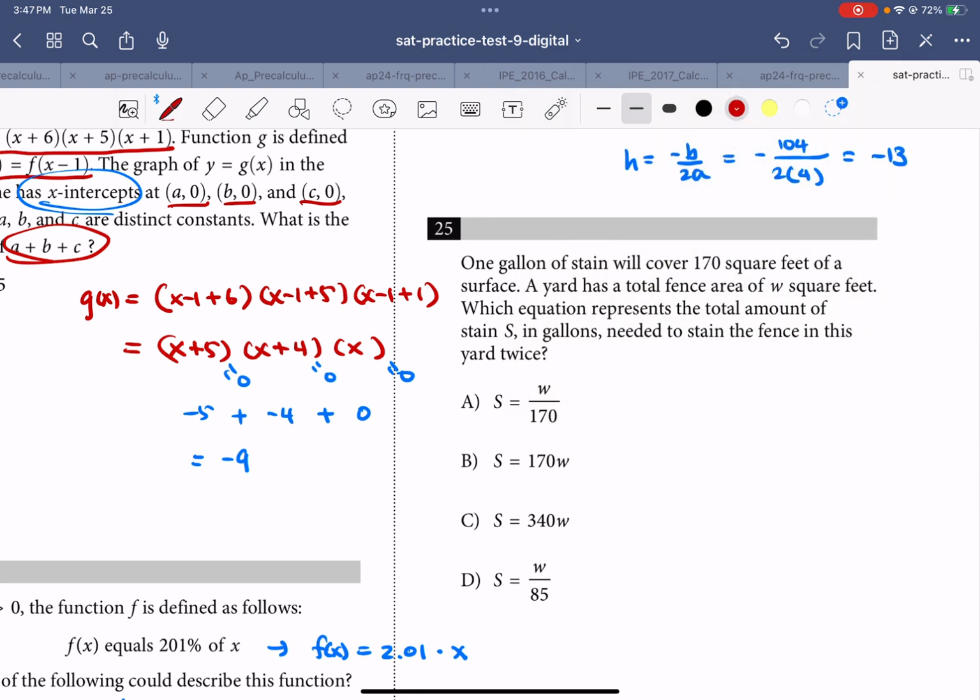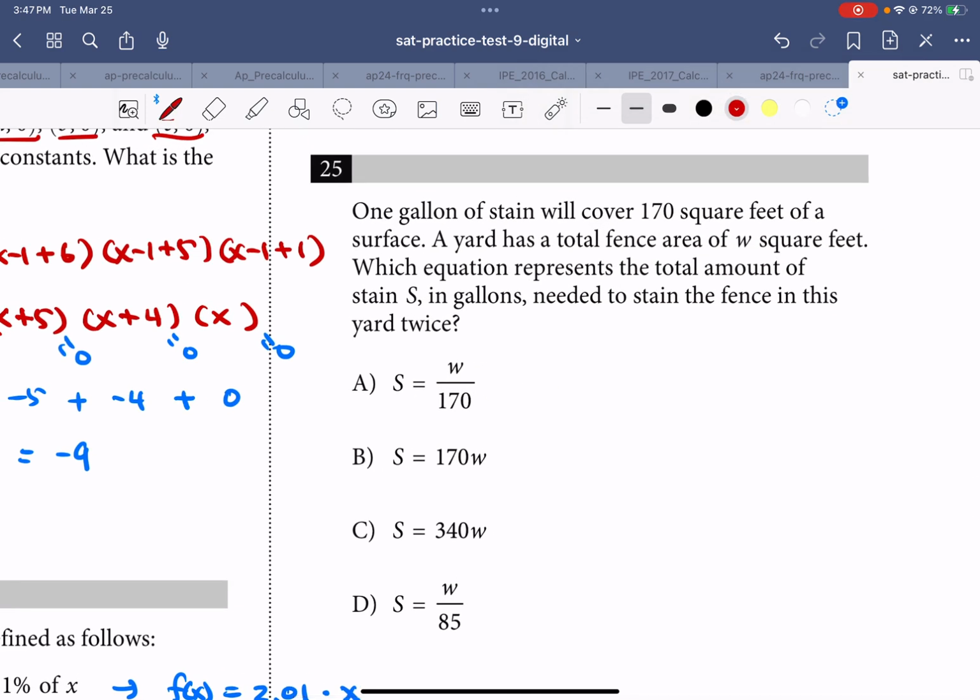Now, next one. 1 gallon of stain will cover 170 square feet of surface. A yard has a total fence area of W square feet, and which equation represents the total amount of stain in gallons needed to stain the fence in this yard twice. Okay, there's a lot of information there. You can make a proportion here, right? It says 1 gallon of stain will cover 170 square feet.